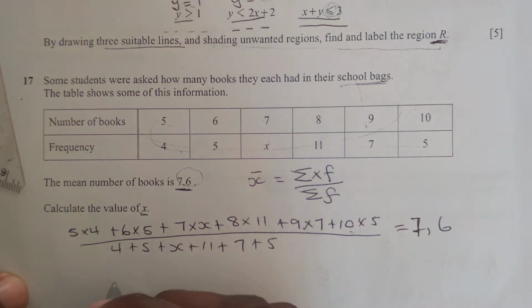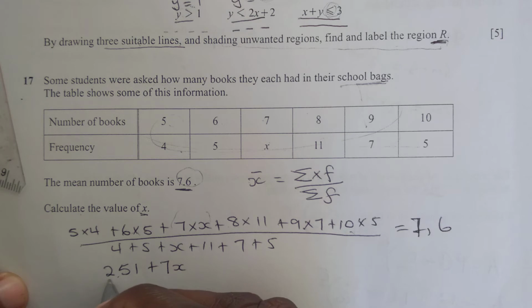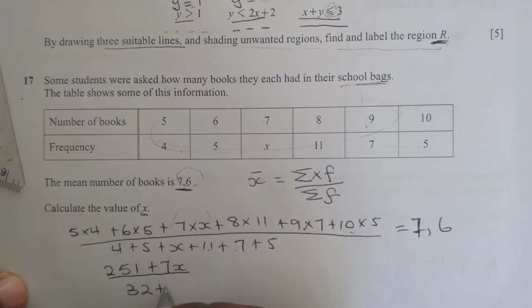I'm getting 251 plus 7x. This divided by 5 plus 4 is 9, 20, 27, 32 plus x.